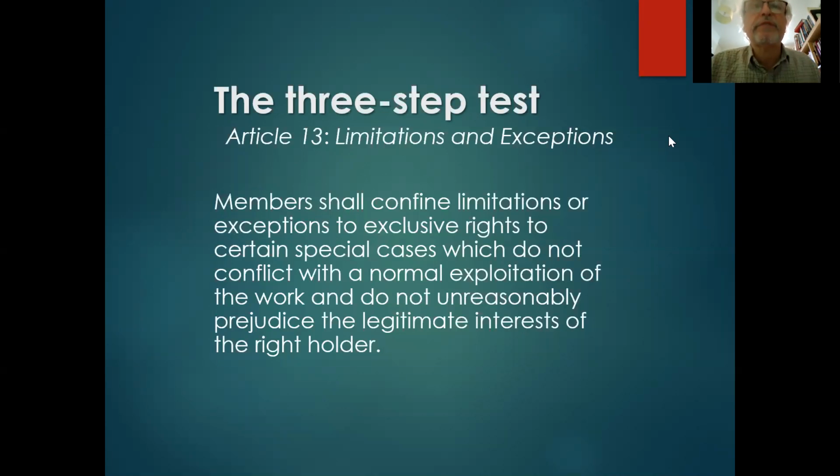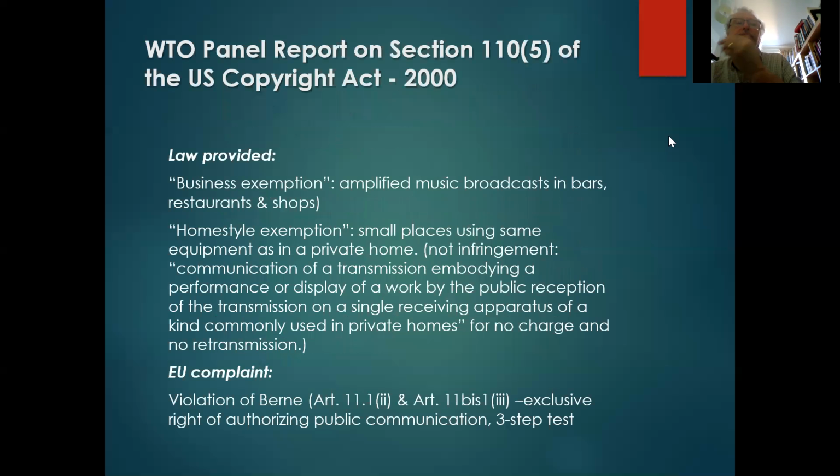Certain special cases, these cases must not conflict with a normal exploitation of the work, and 3, must not unreasonably prejudice or harm the legitimate interests of the right holder. Right. This is actually very, very important, even though it's a little bit vague. It's a bit unclear what it actually means.